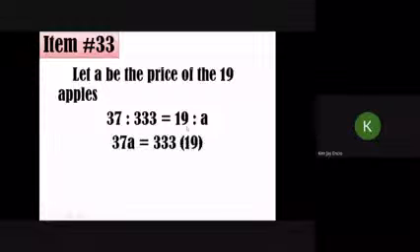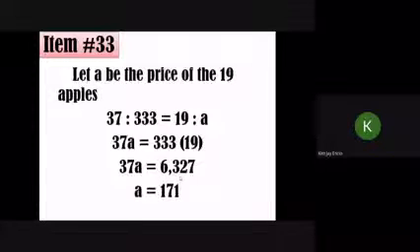The product of the extremes equals the product of the means. Simplifying the right-hand side, 333 times 19 will be 6,327. Dividing both sides by 37 gives us 171. That's the price of the 19 apples, 171 pesos.